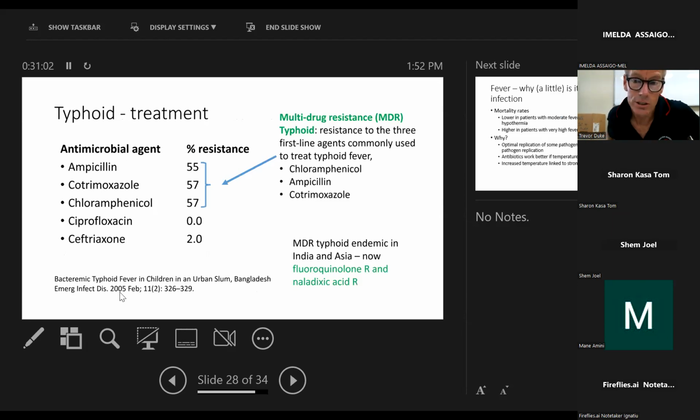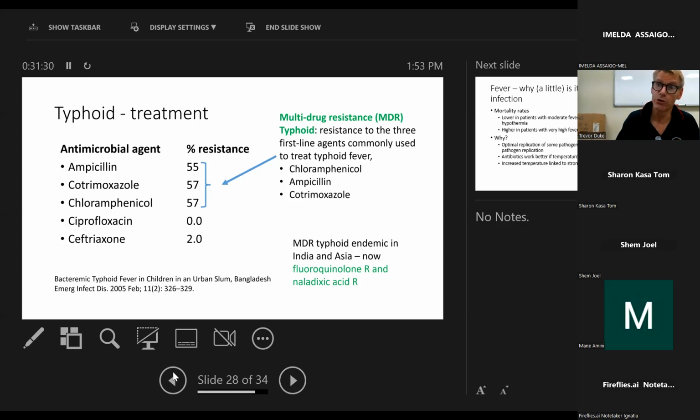For treatment, it's important to know which antibiotics will treat typhoid. In some parts of the world, maybe not quite in PNG yet, most typhoid is resistant to the standard drugs we use: ampicillin or amoxicillin, cotrimoxazole, and chloramphenicol. More than half are resistant.